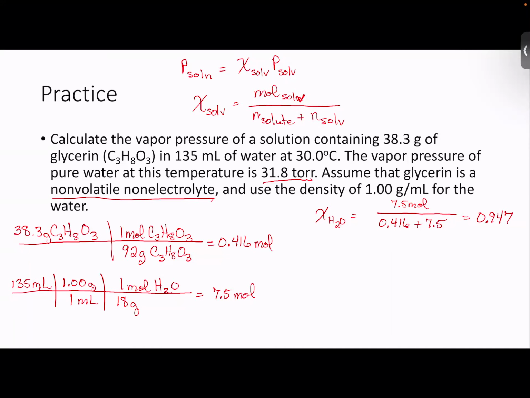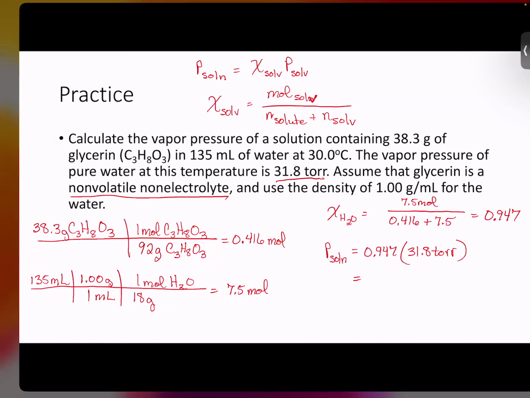Now that I have the mole fraction, I can plug it into the equation and solve for the pressure of the solution. It's going to equal the mole fraction of 0.947 times the pressure of the solvent, which was 31.8 torr. And we get a value of 30.1 torr.